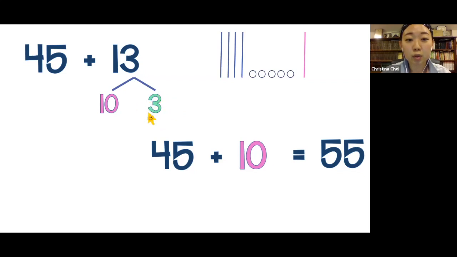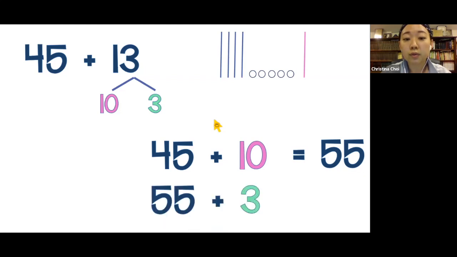We have to go back to the original problem, and we can't forget about the ones that we have left over. So let's count on. Ready? So 55 plus 3. 55, 56, 57, 58. Let's see if we have 58. Yes, we do.